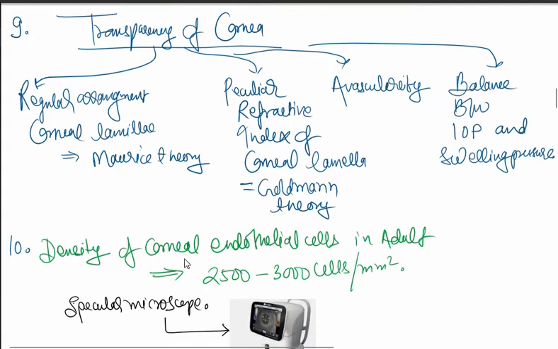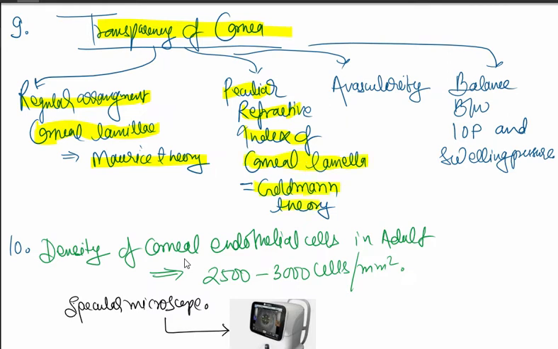Next one, transparency of cornea. So there are some theories. One is the Maurice theory. It says there is a regular arrangement of corneal lamellae. Second one is peculiar refractive index of corneal lamellae.